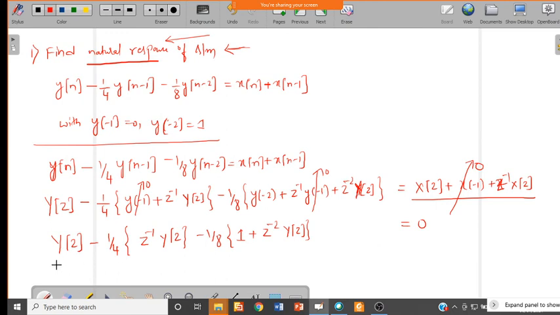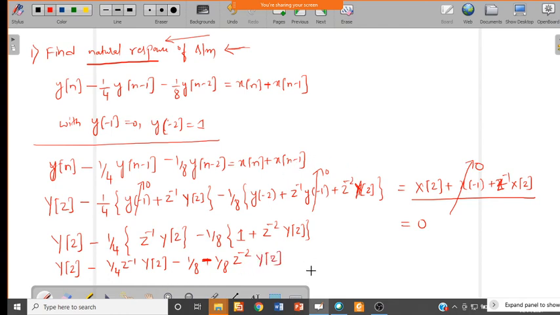Now we can rewrite this: Y of z minus 1 by 4 into z inverse into Y of z, minus 1 by 8 z power minus 2 into Y of z, plus the constant term, equal to 0.